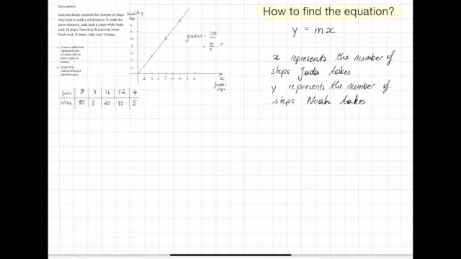That's what we have established here. X were Jada's steps, y were Noah's steps.